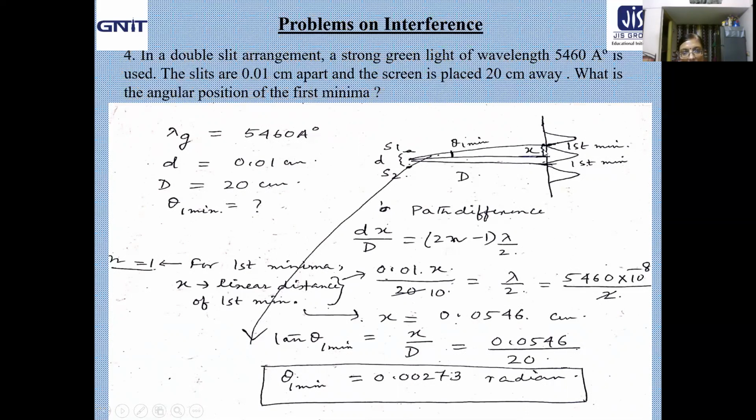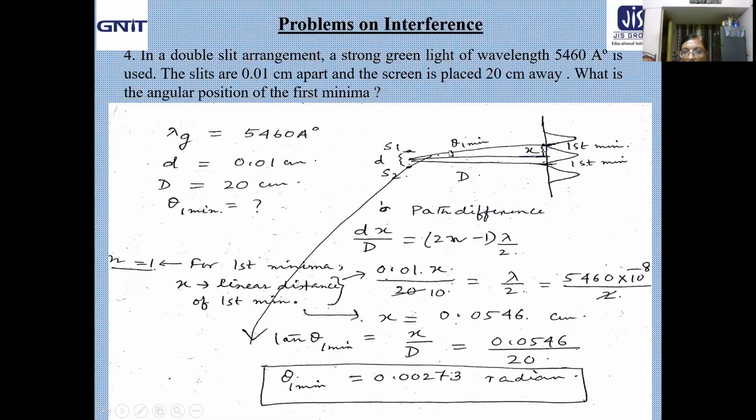Now, d is given, x you don't know, capital D is given, n is given, lambda value is given. So get the value of x. x will come out as 0.0546 centimeter. That means linear separation is 0.0546 centimeter.